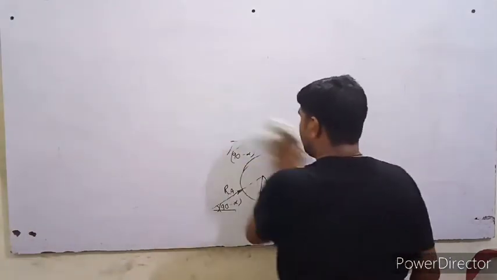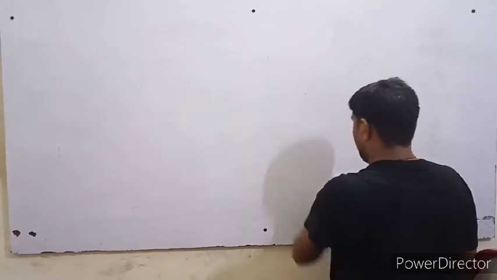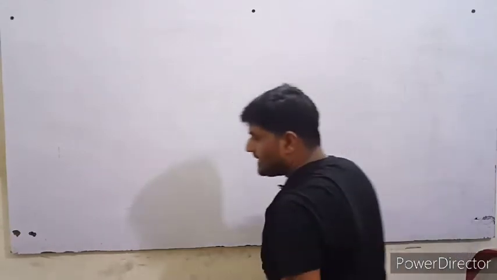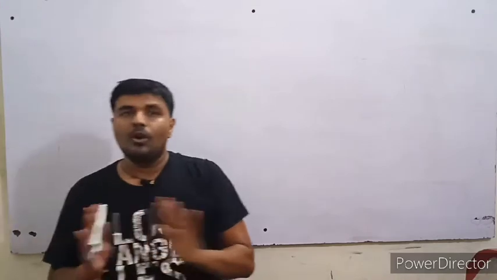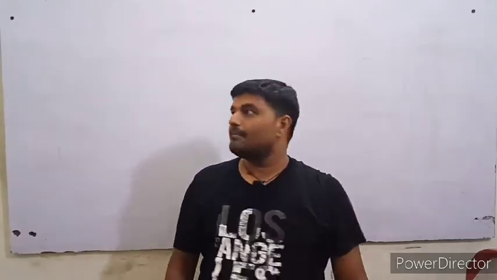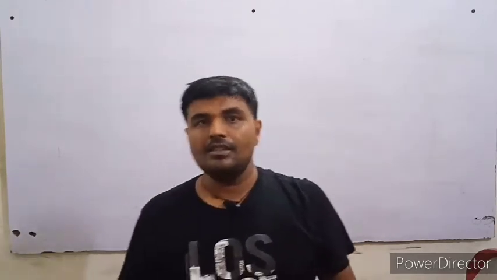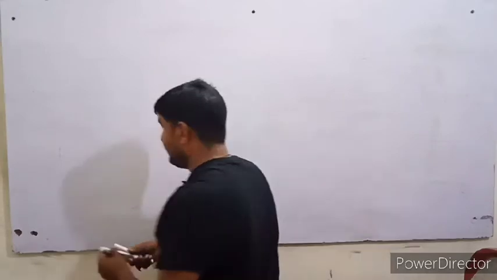In a free body diagram, what will be our main procedure? Our first step will be to remove all the supports acting on a body and replace them with support reactions. Then analyze all the forces acting here.